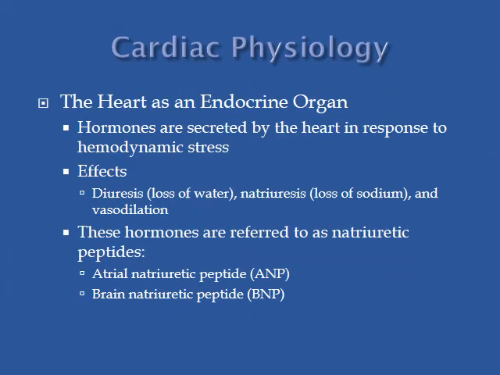Your heart is a wonderful thing, and it also works as an endocrine organ. Hormones are secreted in response to stress, mainly that stress of when your heart is super full and super stretched. So the effects of these hormones are diuresis. They want to get rid of some fluid. They get rid of that fluid by releasing sodium, and where sodium goes, water follows.